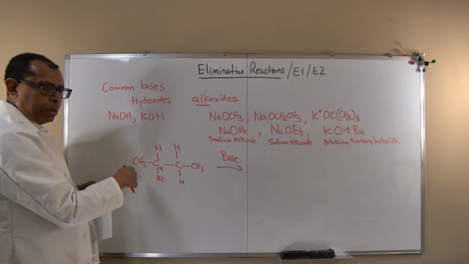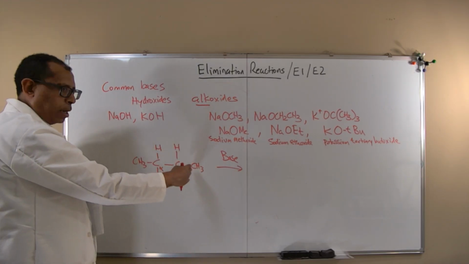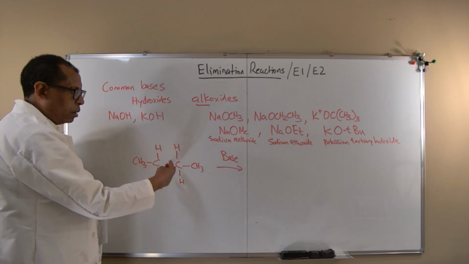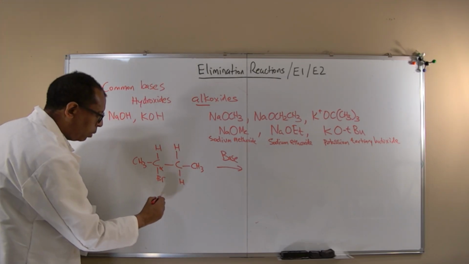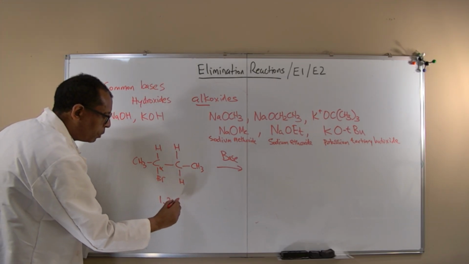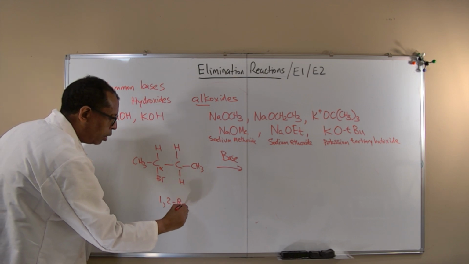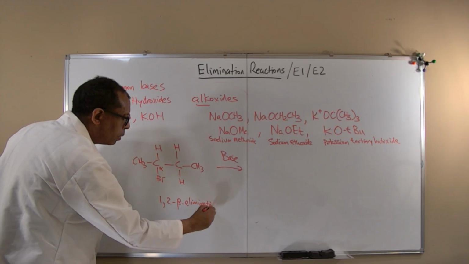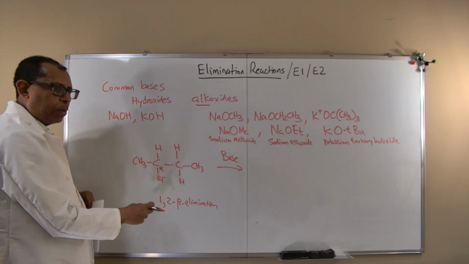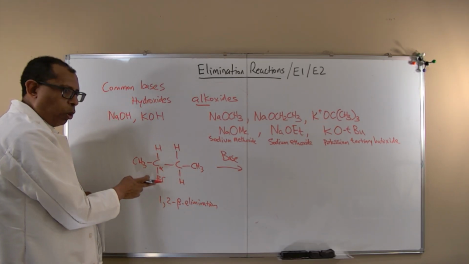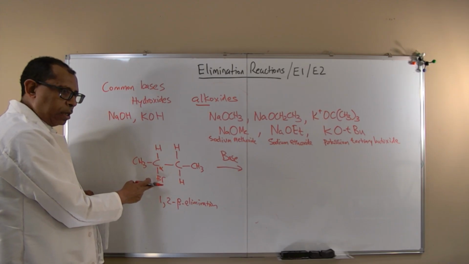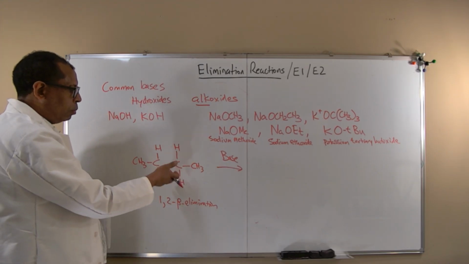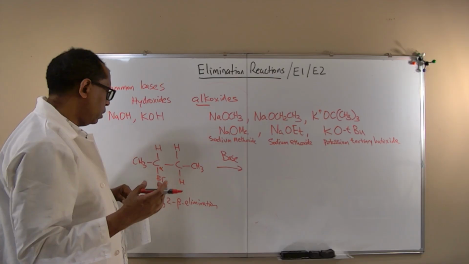And the beta carbon would be anything one carbon away. Actually, this dehydrohalogenation is also called 1,2 elimination, or beta elimination. Instead of alpha beta, we could also say 1,2. One being where the halide is, the alpha, and 2 would be the position where the hydrogen is.